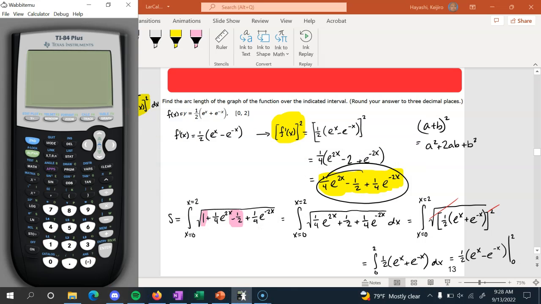And so, you could type it in exact terms of e, but you can also just say you just plug in 2.